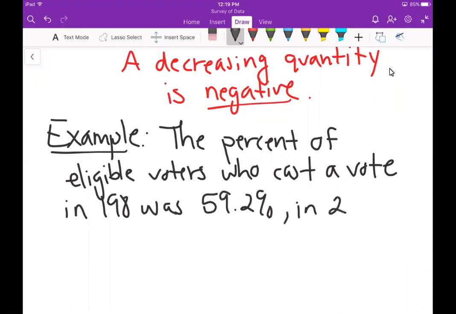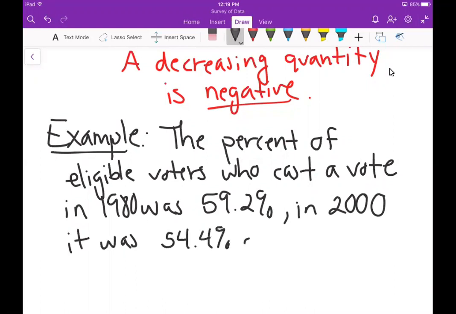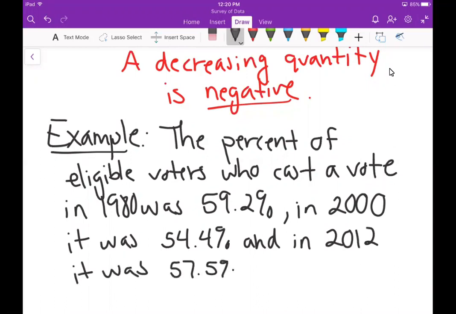In 2000, that number changed to 54.4%. And in 2012, that number changed to 57.5%. We've got some change in the percent of eligible voters who actually voted over the years.